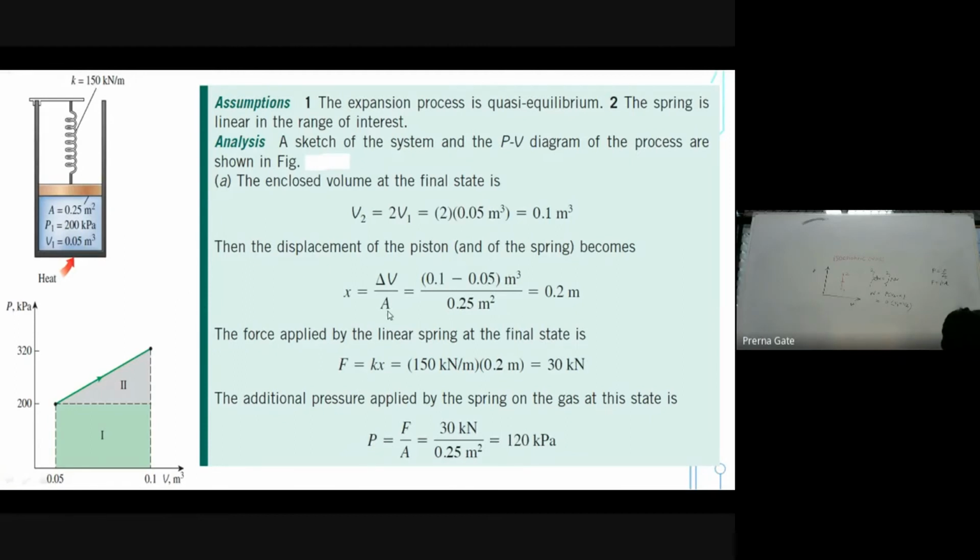We know the value of k and we have determined x, so it comes out to be 30 kilonewton. Now the additional pressure applied by the spring on the gas at this state: pressure is force per unit area. We have determined this force and the area is already given, so the pressure comes out to be 120 kilopascal.